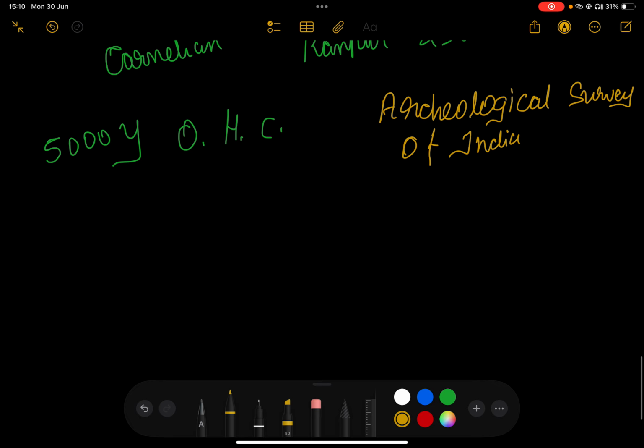So you have to mention in the comment section who founded it. It is one of the oldest, right? ASI. Various models of paintings have been found by the ASI during excavation work.